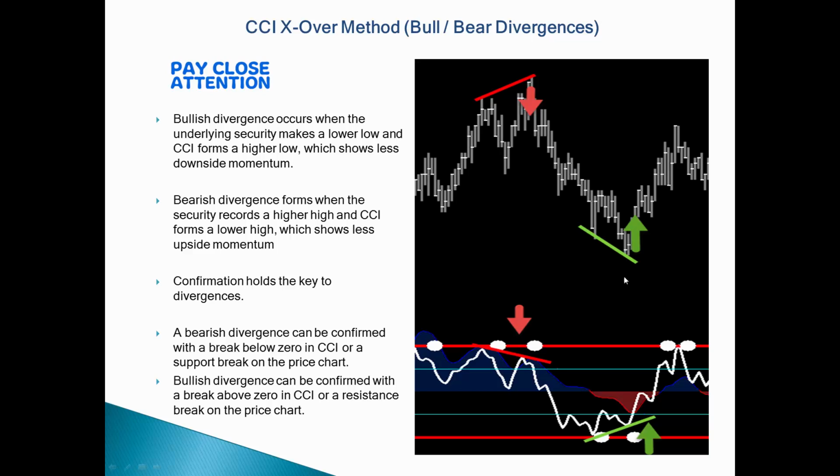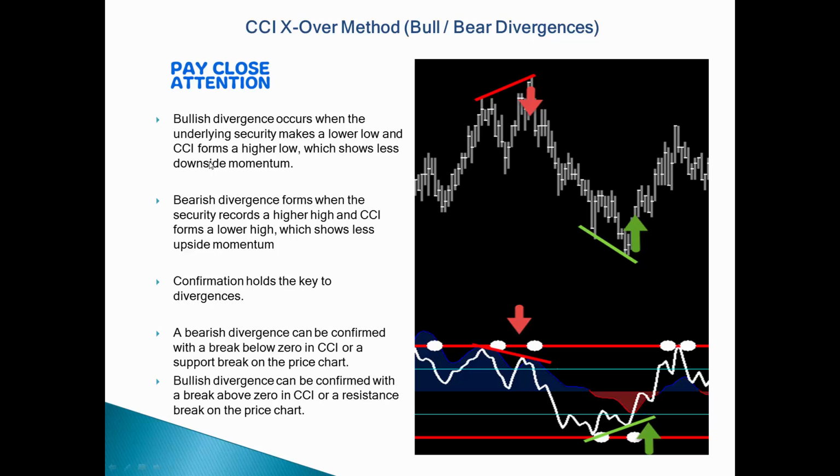The CCI is excellent at identifying divergences as well. I actually had to search back a little bit to find a bullish and a bearish divergence together on the same chart, because they don't typically occur as cleanly as this. They're typically outliers, but they do occur, and when they do occur, they can be very useful to take a trade.